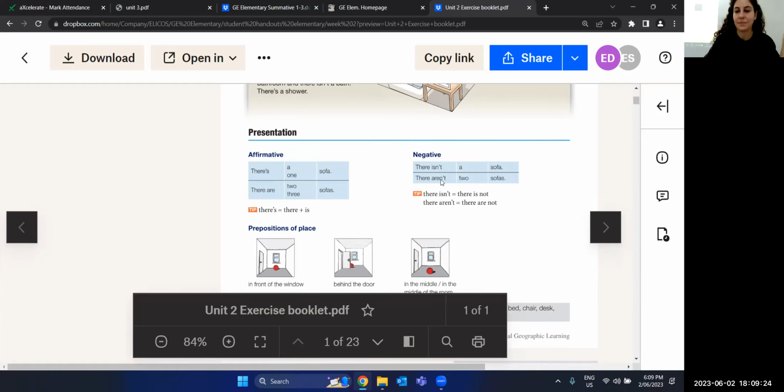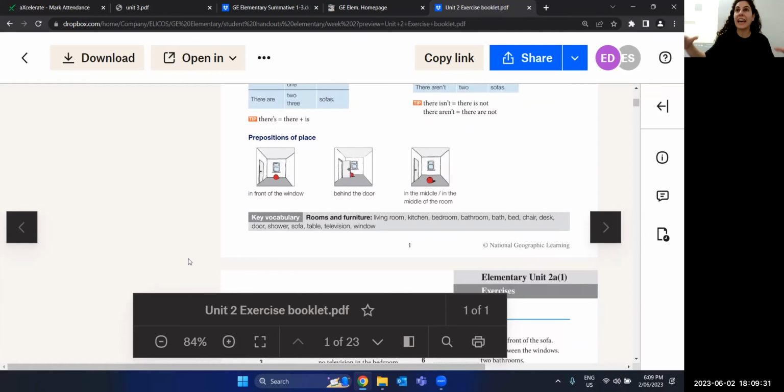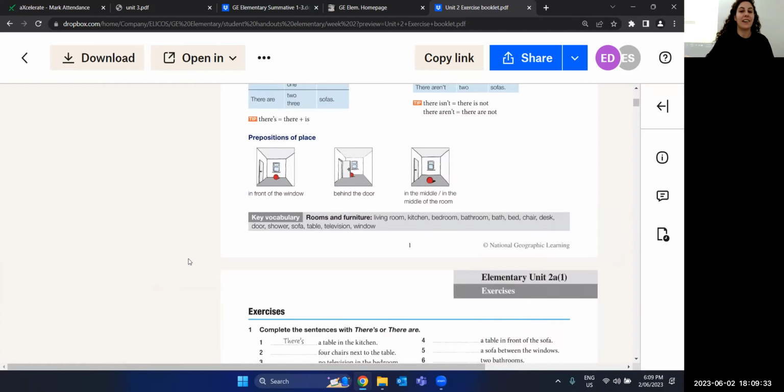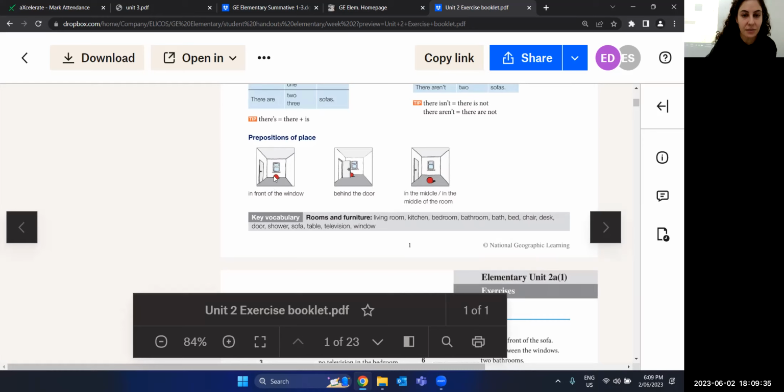So again, prepositions of place, that means location. Where is the noun? In front of the window? Behind the door? The little red one is in the middle of the room.